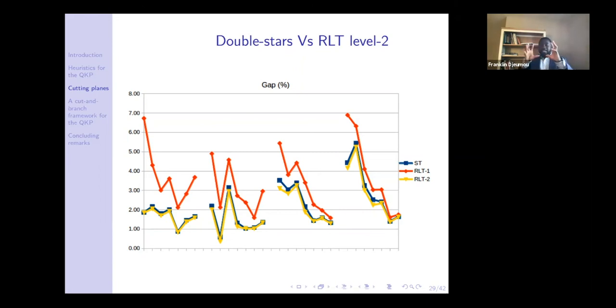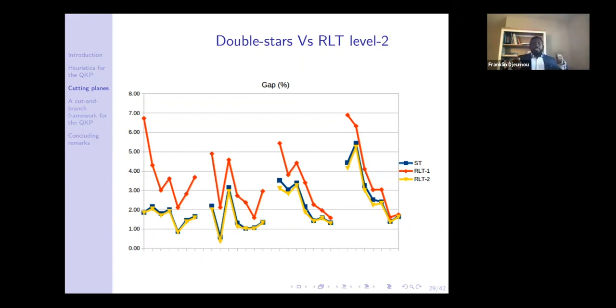For example, in this case, the linearization of our quadratic knapsack problem is in the space of RLT level 1. So we use the double star inequalities, which approximate the inequalities from the space of RLT level 2, but using variables of the space of RLT level 1.